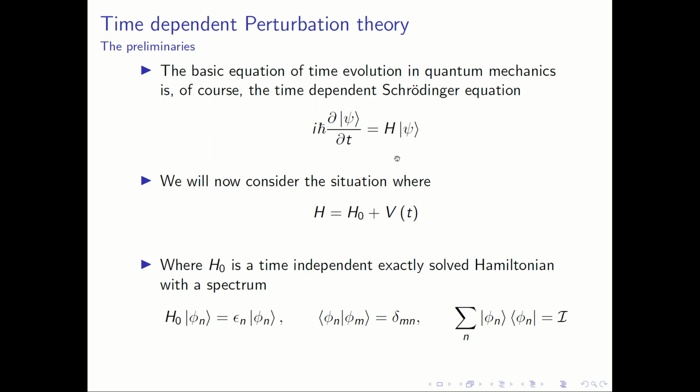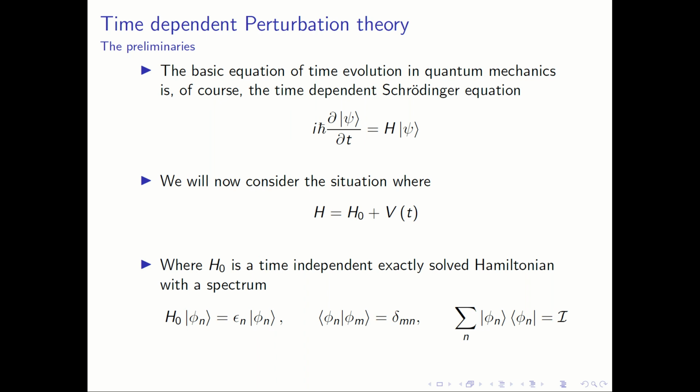H0 is a time-independent, exactly solved Hamiltonian, whose spectrum we know completely. That means we know all its eigenkets, all these kets phi n, and the eigenvalues epsilon n. And these eigenkets are normalized and orthogonal, and they form a complete set, as you can see here. So this is about H0.